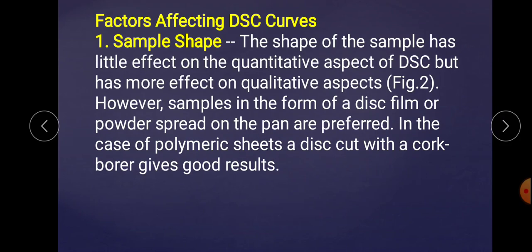In the previous lecture, we discussed DSC. What is meant by DSC? DSC is differential scanning calorimetry. It is simply the comparison between delta H upon delta T versus temperature.